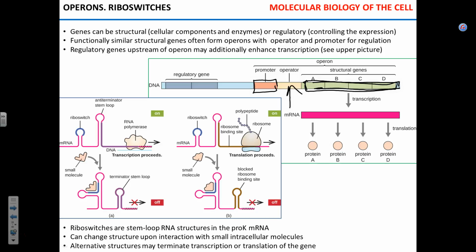That operator sequence will, well, I will have to make it anthropomorphic, will decide whether transcription is a go or no go. When you run a distance, you start from this, you stay on the start, okay? And you know, you have to cover this 100 meters.